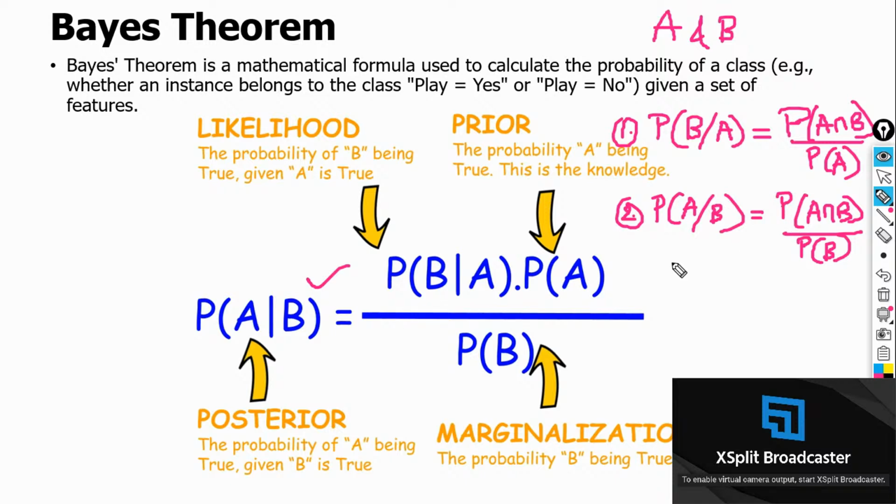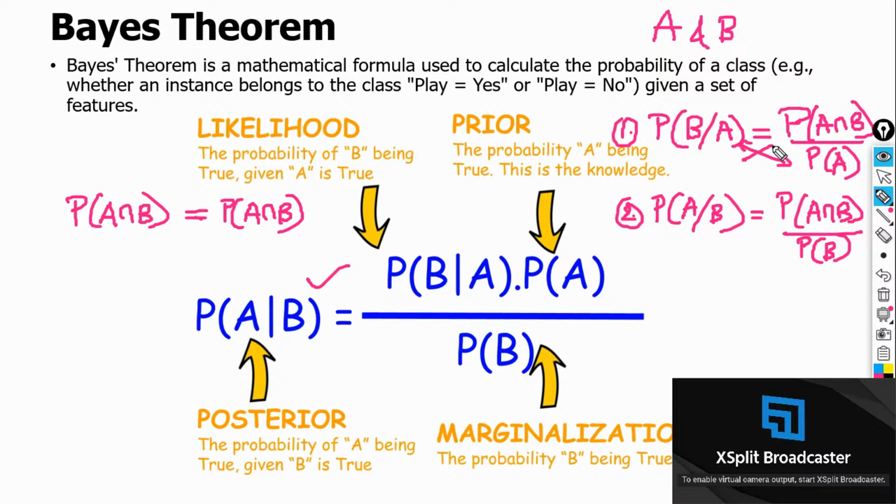So what is common here? Probability of A and B, probability of A and B. In both the formulas, the numerator is the same. So if I take probability of A and B equals probability of A and B, then I'll cross multiply.